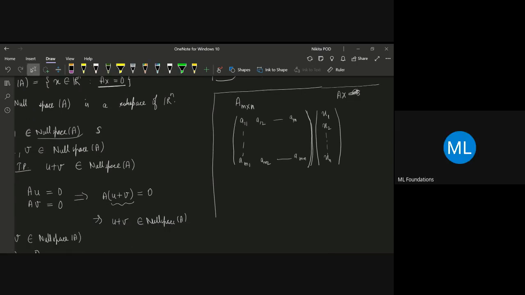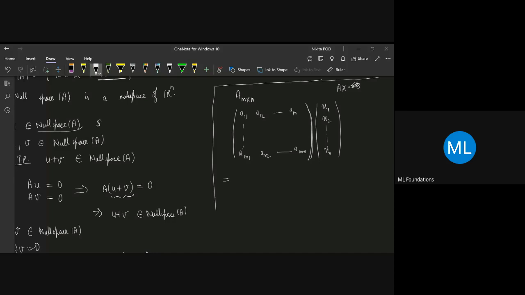Now you can write this as a11 x1 plus up to a1n xn, and you will have am1 x1 plus up to amn xn.